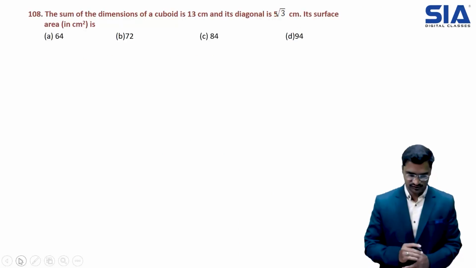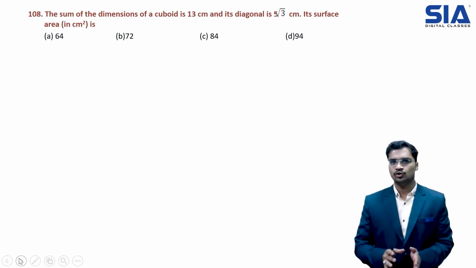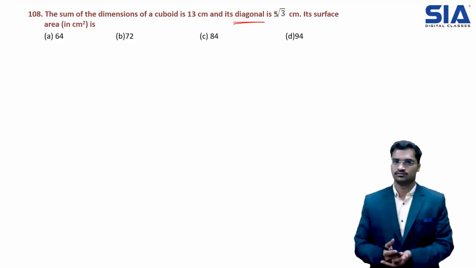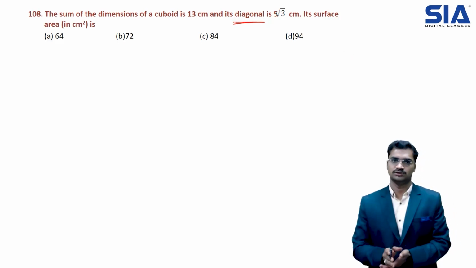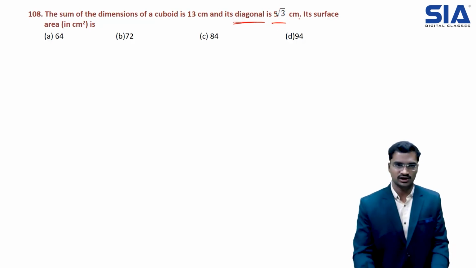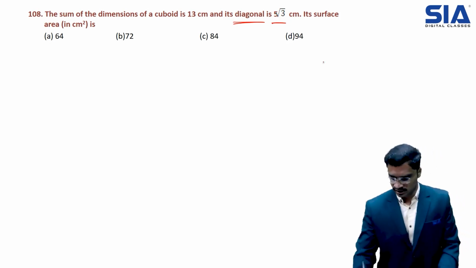Coming to the next question, which is: the sum of dimensions of a cuboid is 13 and its diagonal. So in a cuboid there will not be a diagonal. So here he is saying that the diagonal is the longest pole. The longest pole is given as 5 root 3. Let us see the sum of dimensions. In a cuboid we have length, breadth and height.